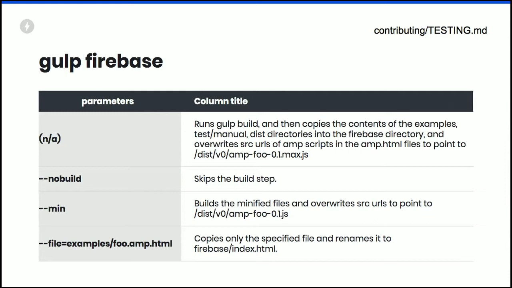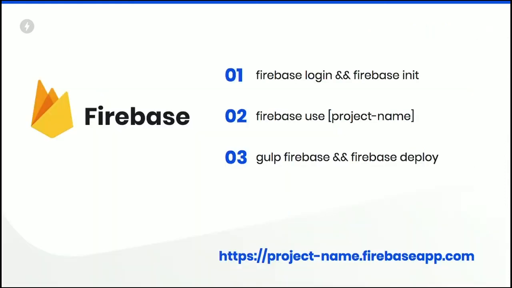Min builds the minified files, and if you want to just deploy a specific page, you can do file equals that page that you want to deploy. And then finally, we will run firebase deploy. And then you can hopefully access your demo page now at firebaseapp.com under the project name that you specified.